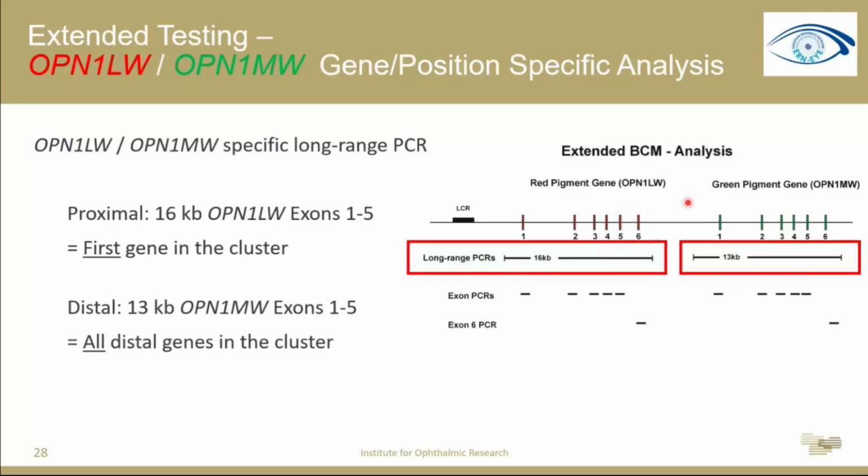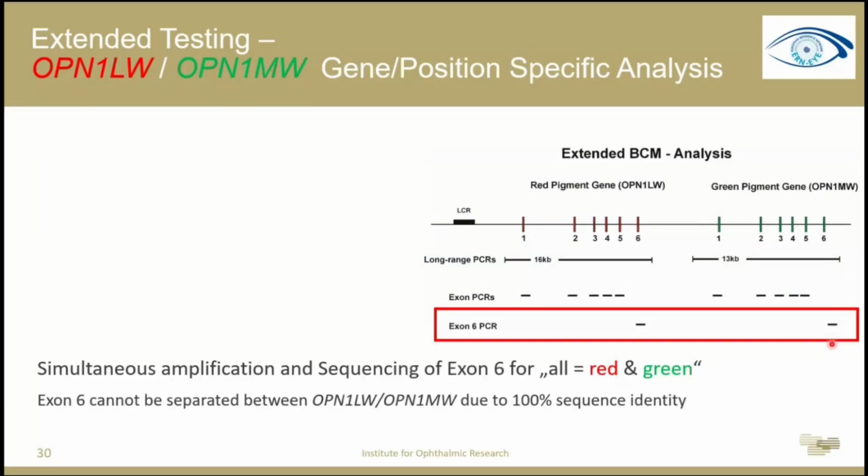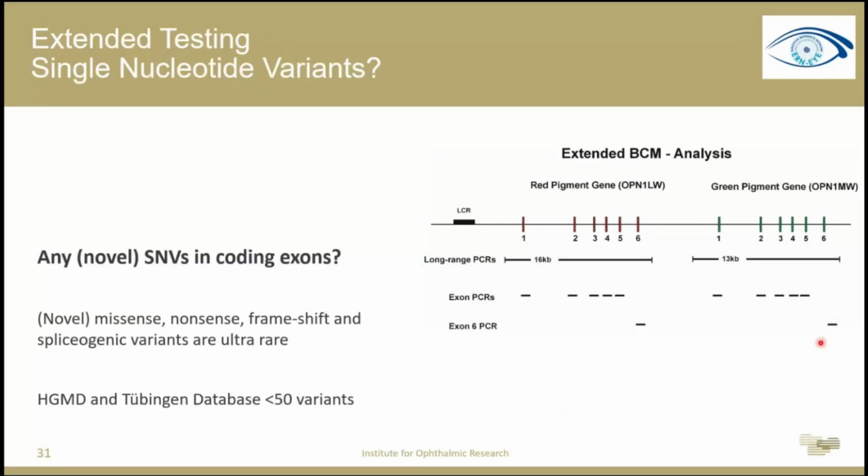This fragment will always simultaneously amplify all green genes in the cluster. Then we take a very small amount of the simultaneous amplification of exon 6. And then we more or less evaluate the Sanger sequences, search for novel missense, nonsense or frameshift mutations, and draw our conclusion. And as said, novel variants are really very, very rare.